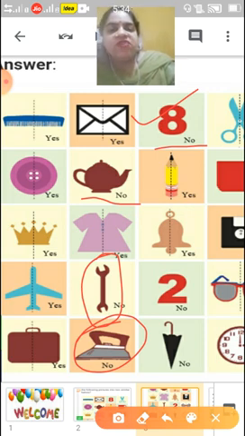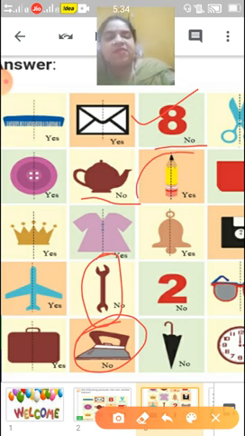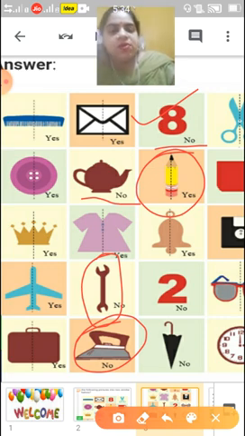Now your next picture is a pencil. I told you children previously also, a pencil is having two similar mirror halves. So your answer is yes. Now your next picture is a bell.